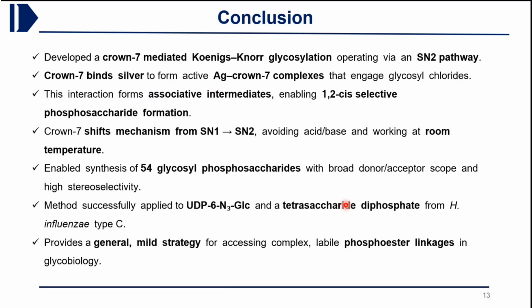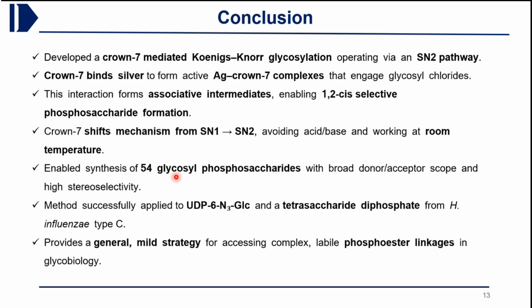So at the last, in conclusion, they developed the crown 7 mediated glycosylation operating via the SN2 pathway. Crown 7 binds silver to form active silver crown 7 complexes that engage the glycosyl chlorides. This interaction forms associative intermediates enabling 1,2-cis selective phosphosaccharide formation. Crown 7 shifts the mechanism from SN1 to SN2, avoiding acid-base work at room temperature.